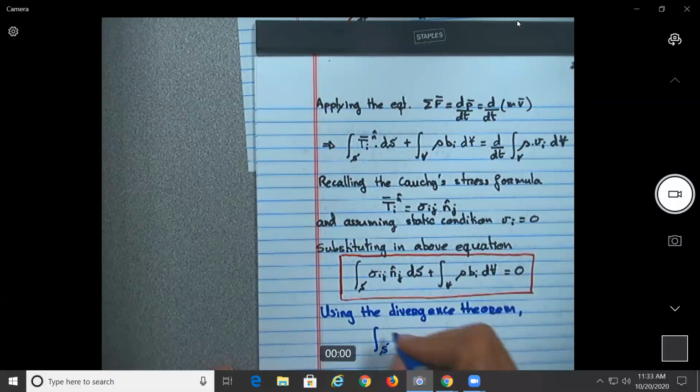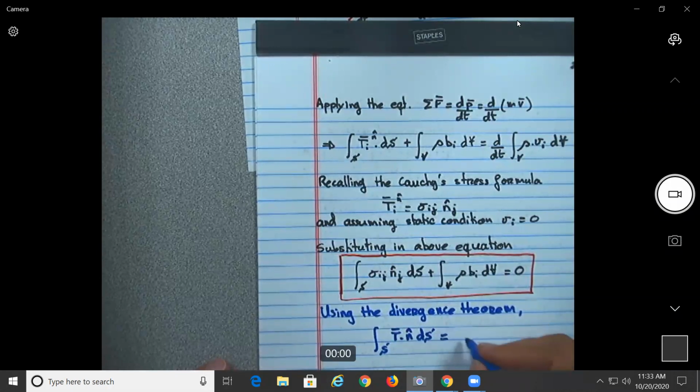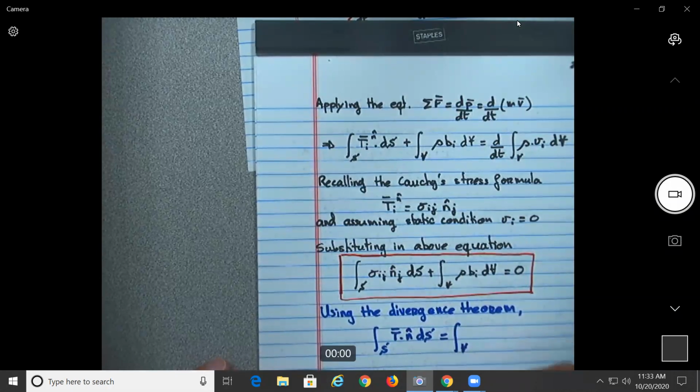The integral going through a surface of T, let's say n dS. I simplify a bit the notation. This should be equal to the volume integral of the gradient, the del operator, over the dV.